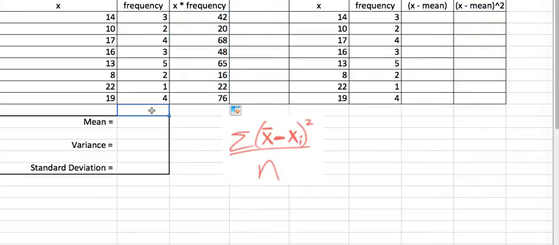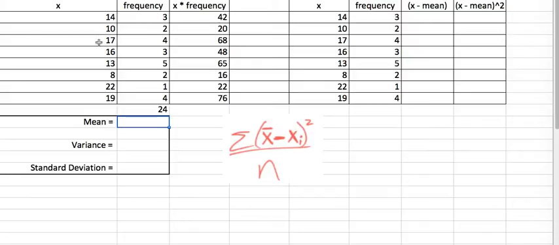Now, I also needed to understand that the sum of all of the frequencies was the total number of scores. So in this case, I have 24 scores. Okay, so to find my mean, I've taken each score times its frequency, rather than writing 14 plus 14 plus 14 plus 10 plus 10 plus 17 plus 17 and so on.